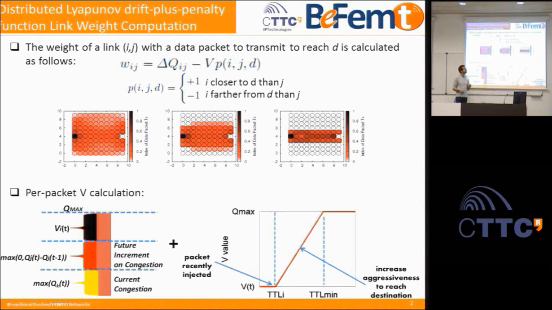In this specific proof of concept, we define this penalty function, P comes from penalty, which tends to prioritize paths towards neighbors that allow a certain packet to reach the destination through the shortest path.